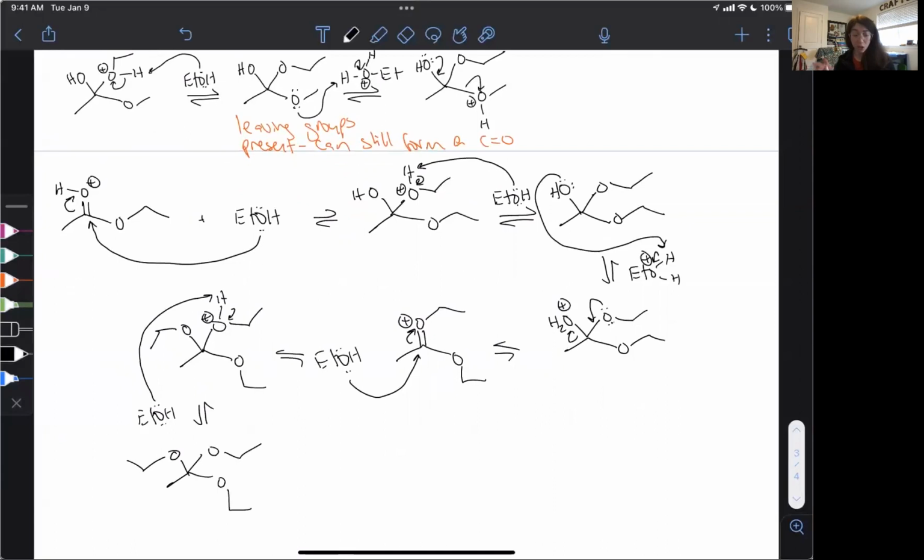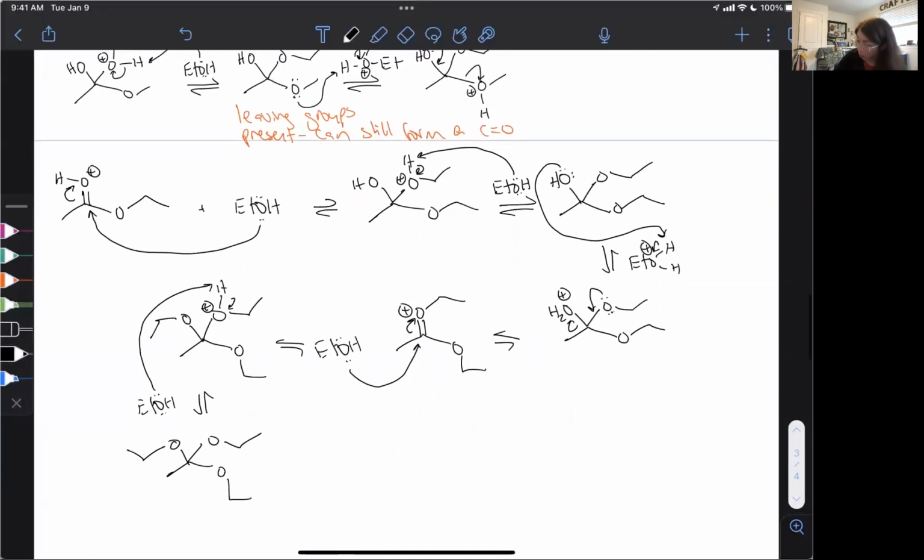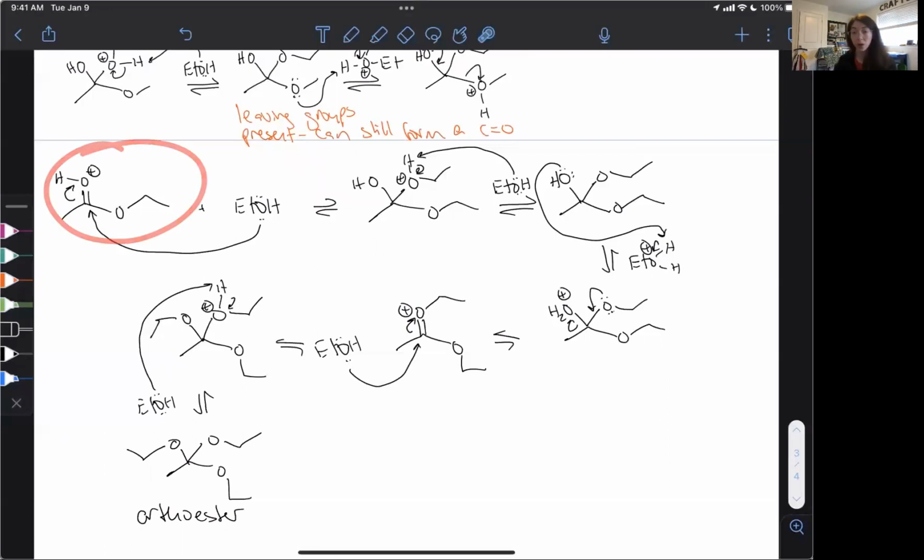So this is actually a real functional group. This is called an orthoester. They are very, very hard to keep around. They are so heavily weighted towards this side of the equilibrium where the ester is. Think about it like just being deprotonated, just like a regular ester.